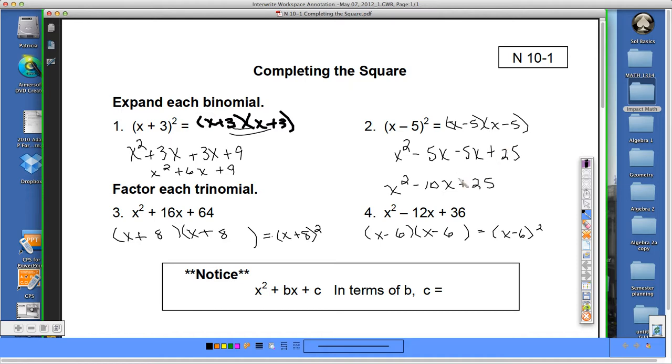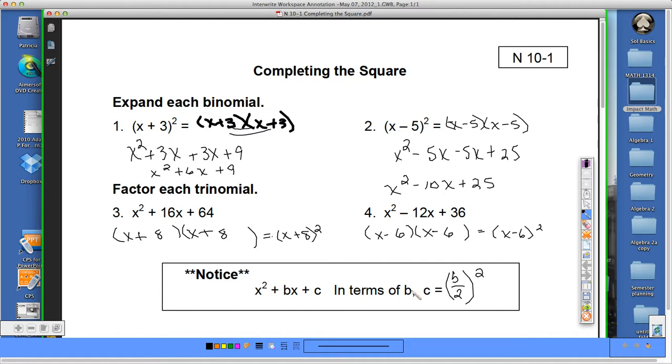On the other hand, with negative 5, I square it and I get 25. Here, negative 6, square it and get 36. So for all four of these, in terms of b and c, c is the middle term divided by 2, and then squared. That's the key. That's really the main thing you have to know about completing the square.